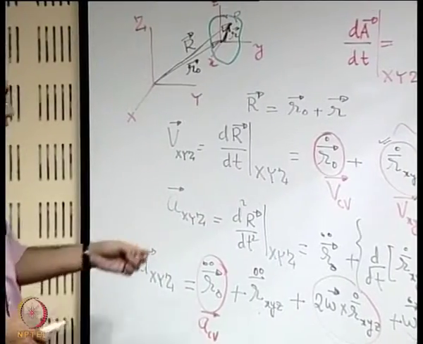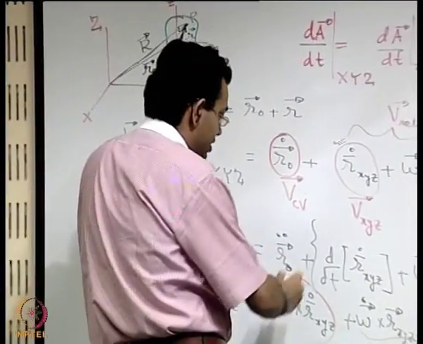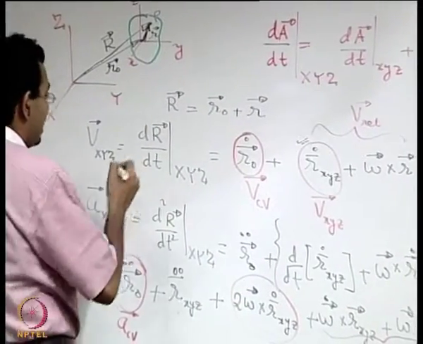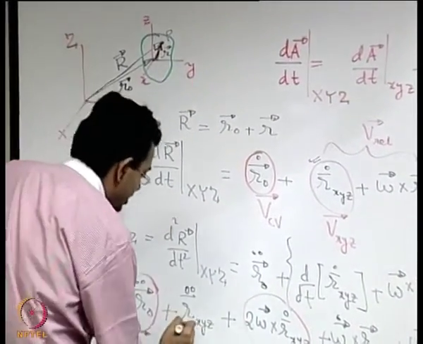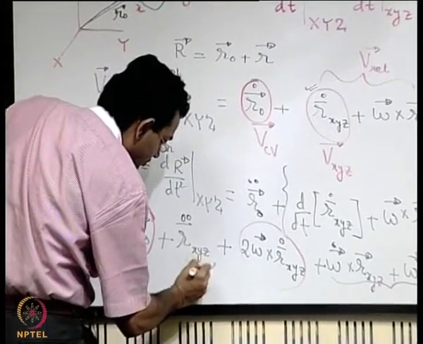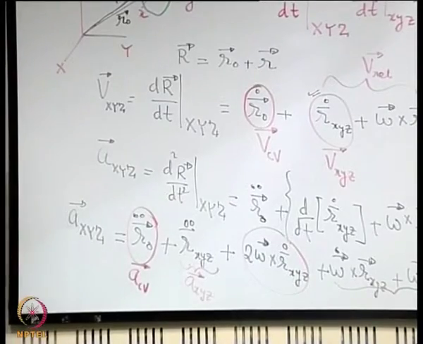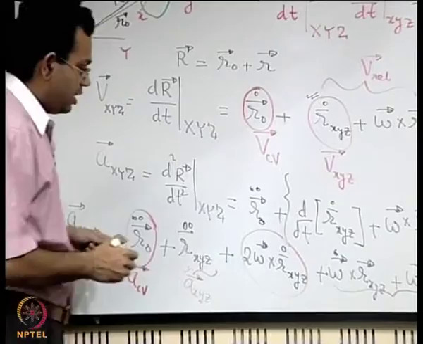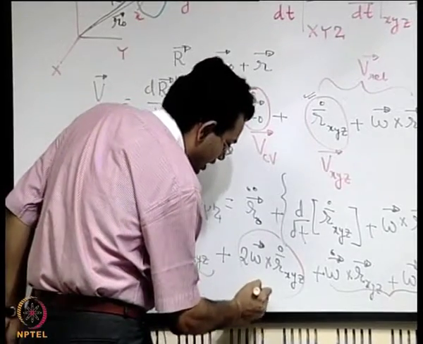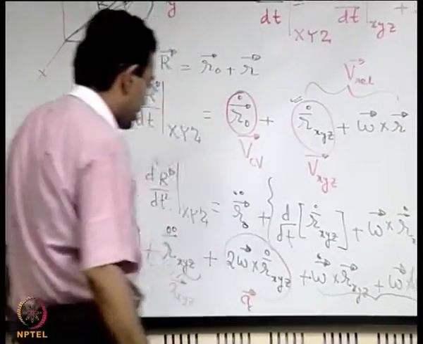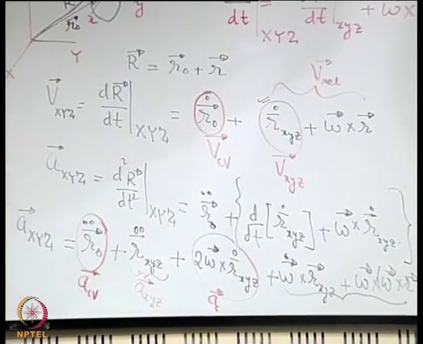Now, what we can do is write it in a more compact way. This term we will write as a small xyz, and all the remaining terms, like this, we know this is the Coriolis, and this is the angular velocity and angular acceleration effect.